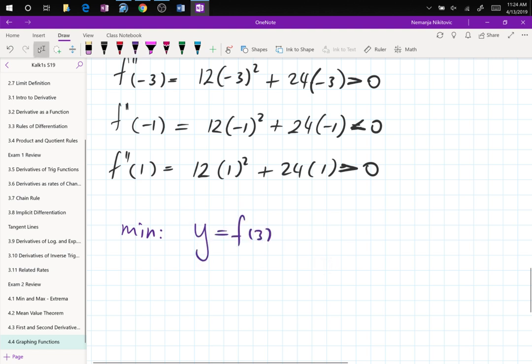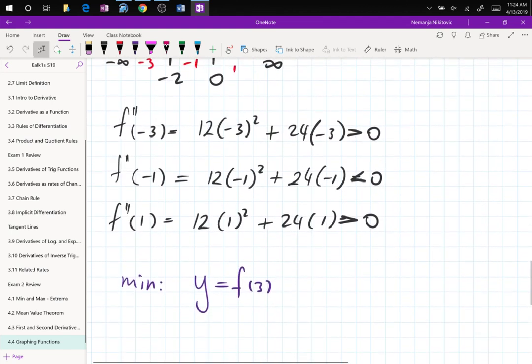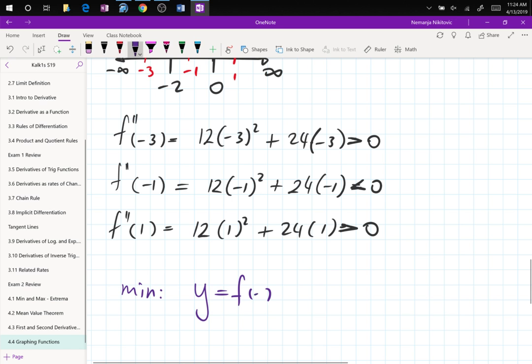Was it 3 or negative 3? Negative 3. The minimum is at negative 3. So negative 3 to the 4th plus 4 times negative 3 cubed.